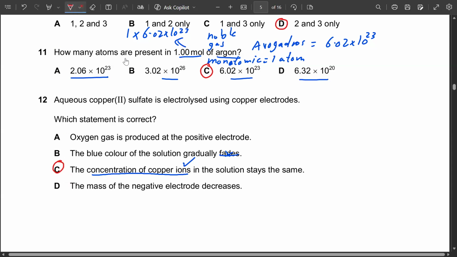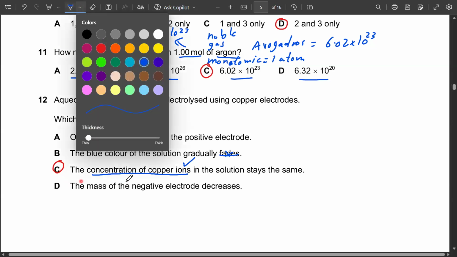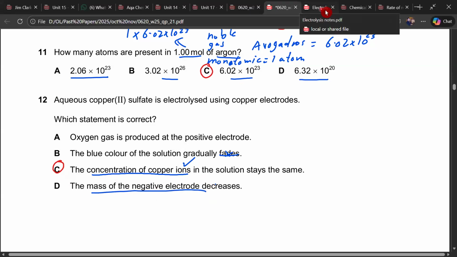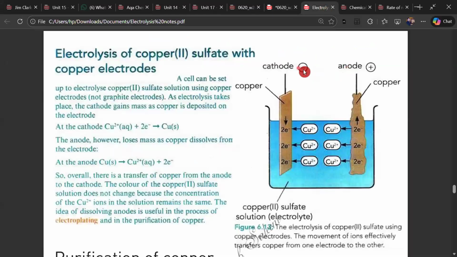And D says the mass of the negative electrode decreases. The negative electrode is the cathode here. As you know, at the cathode, copper metal is depositing. So when something is deposited on the copper electrode or cathode, the mass increases.